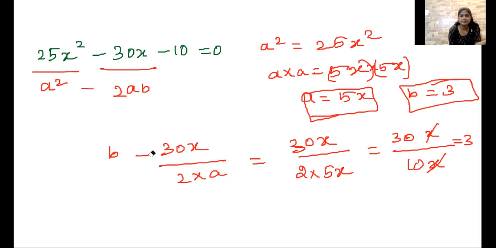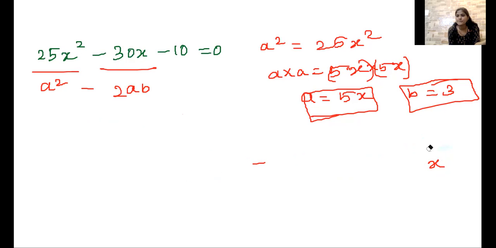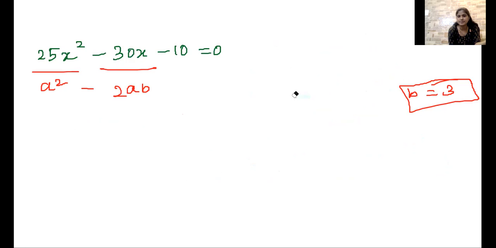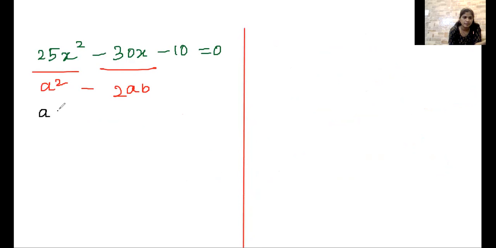Let me erase this. So a is 5x and b is 3.